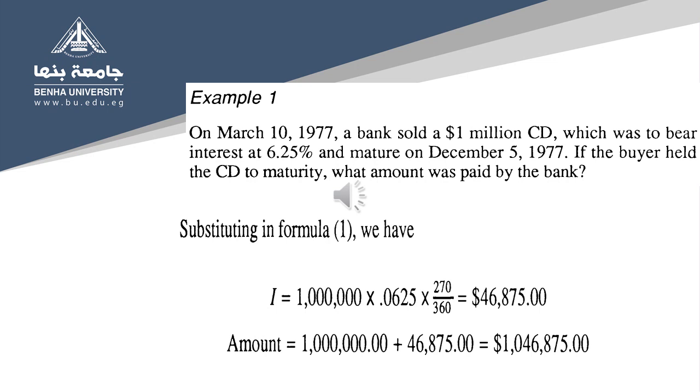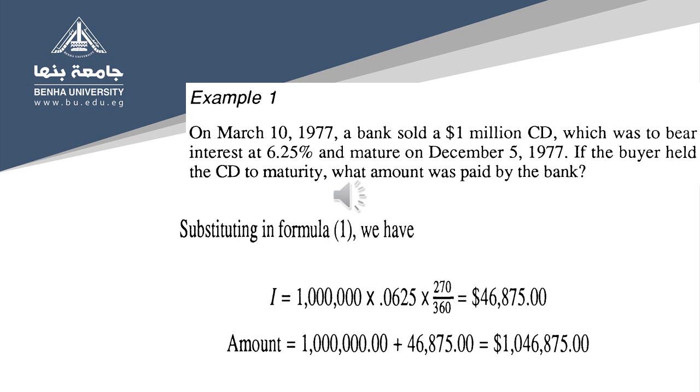When we calculate exact time and ordinary interest, this is called banker's rule. So this problem is related to banker's rule. So you must calculate the exact time from March 10, 1977 up to December 5, 1977.